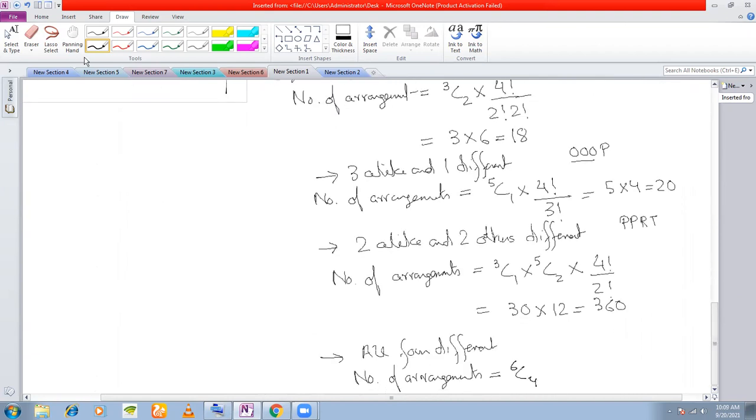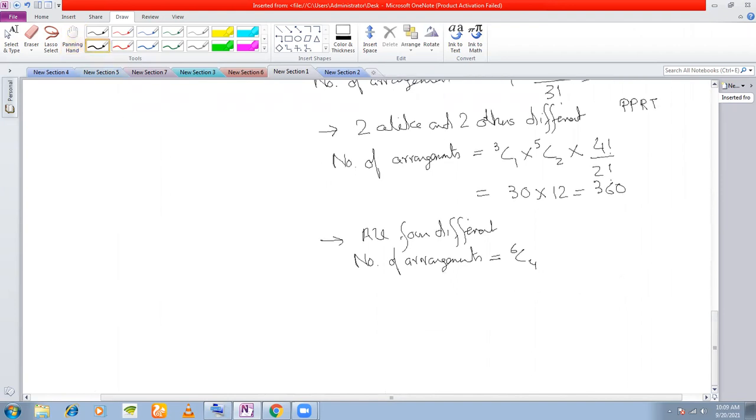And if all four letters are different, in how many ways can you arrange? 4P4 or factorial 4. So this is 15 into factorial 4 is 24. This will give you 360.